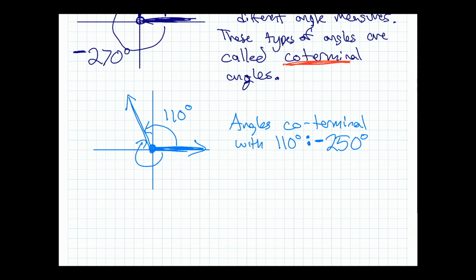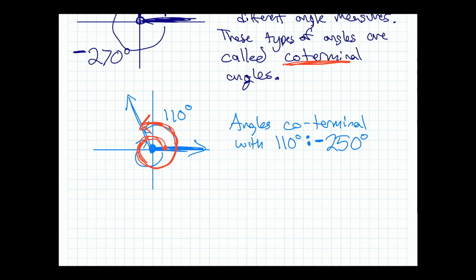But there's another way to get coterminal angles as well. What if we start from here again and we go all the way around the circle and then we keep going? What if you go all the way around the circle and keep going like that? What's that angle?